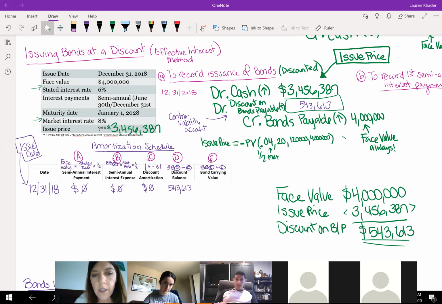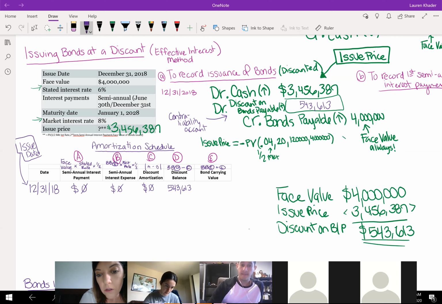Over time, this discount is going to be amortized and decrease, and at maturity the discount balance will be 0, because at maturity we'll be paying back face value.